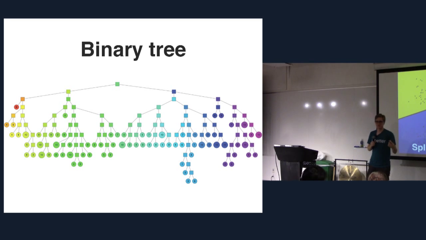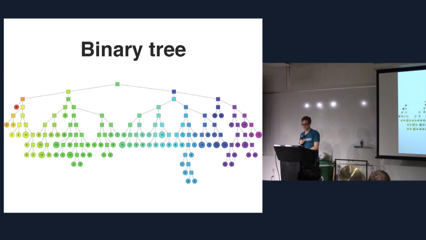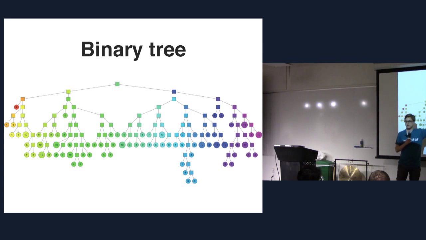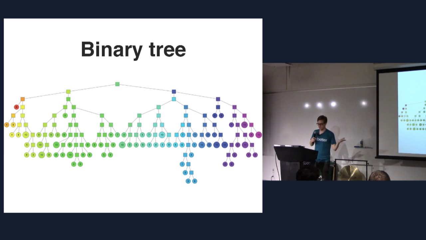Most likely we're not gonna split right between those, right? So the point of this binary tree is if 2 points are close in the original space, they're gonna end up being pretty close to each other in this binary tree, right? So that's nice. It kind of preserves distances somehow, roughly.